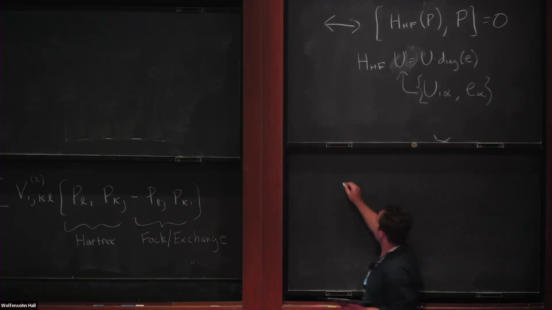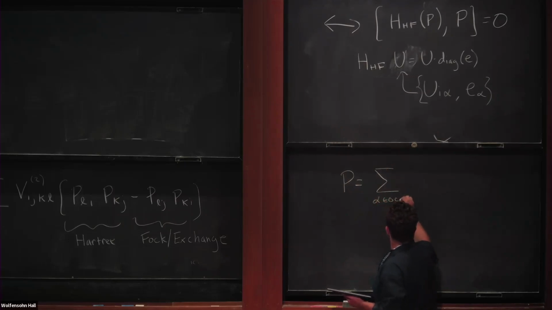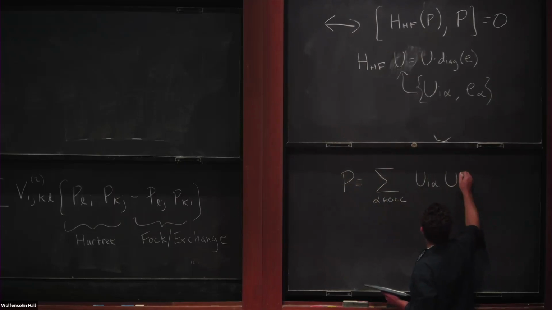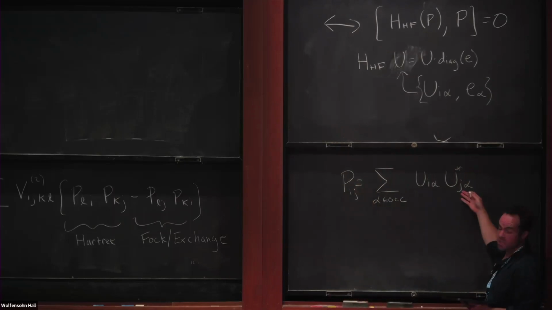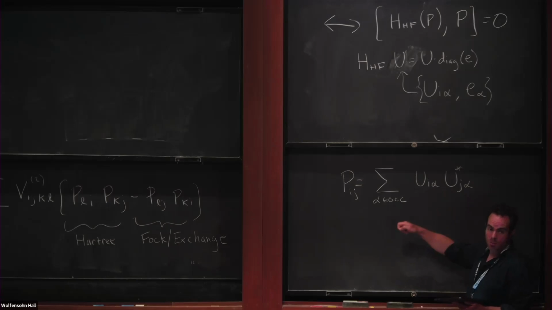So in other words, we know that P is exactly equal to the sum over alpha running over some occupied set of Hartree-Fock orbitals of U_I alpha U star J alpha. This gives a matrix which clearly commutes with the Hamiltonian and whose eigenvalues are either 1 or 0 for occupied versus unoccupied.